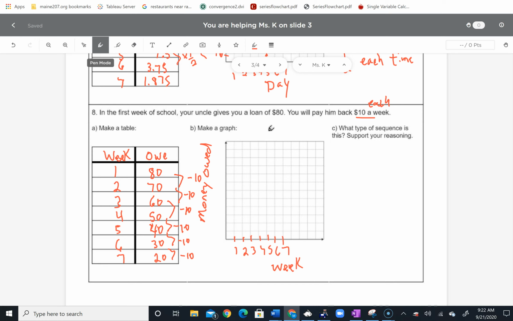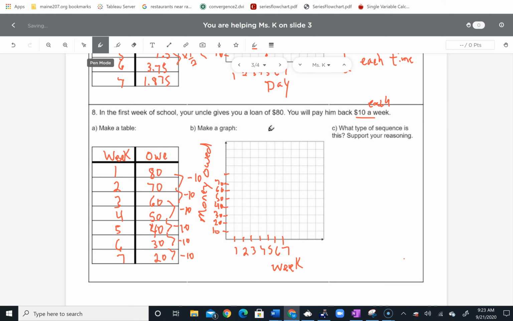And again, for what you are owing, if you want to go by tens, you certainly may. There are other ways you can do that, of course. You have some choices. But it looks like everything is ending in a 0. They're all multiples of 10.